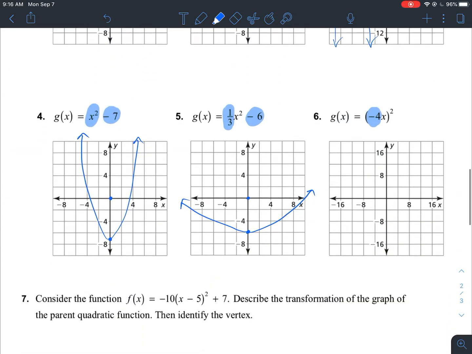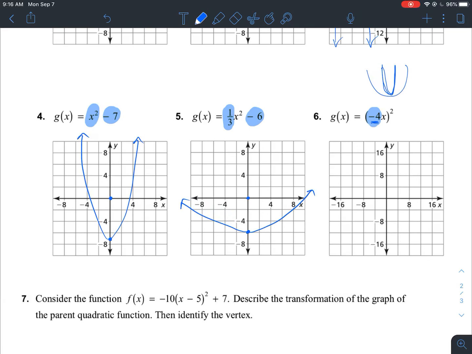So instead of looking like this, we're going to look more like this. Again, that's a horizontal shrink by a factor of 1/4. Remember from the last unit, we said that we read it backwards, so it's going to be a horizontal shrink by a factor of 1/a, so 1/4.